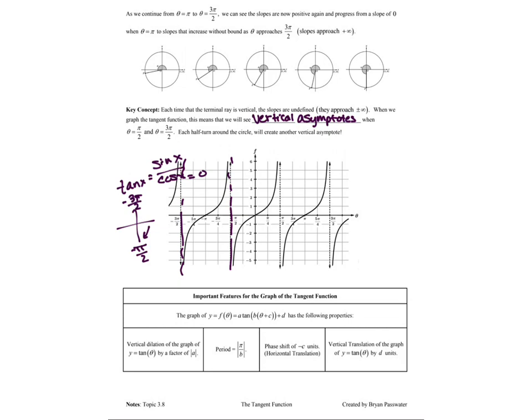Which leads us to another important thought. It only takes a half turn before we hit an asymptote. Period is pi. It only takes a half turn to complete a cycle. So the period for tangent is pi over b instead of 2 pi over b.